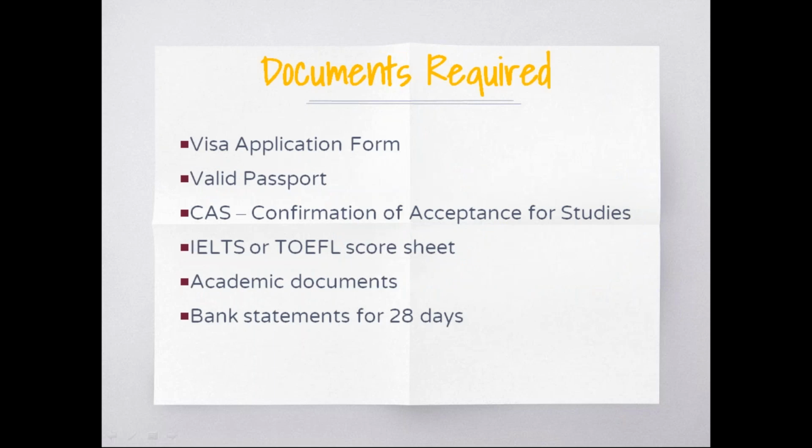The kind of documents that you would require are a visa application form, a valid passport, a CAS, which is confirmation of acceptance for studies, an IELTS or a TOEFL score sheet, academic documents, and bank statements for 28 days. I hope you're making a note of all of this.